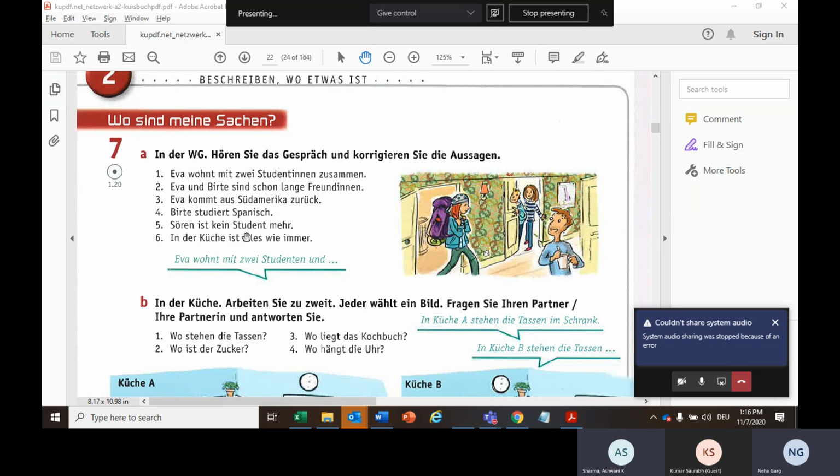Then in der Küche ist alles wie immer. No, I think Jorgen offered her some coffee, and they all went into the kitchen. I was not clear after that what happened.